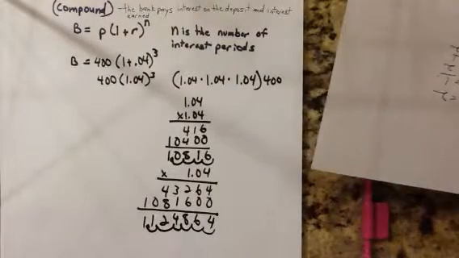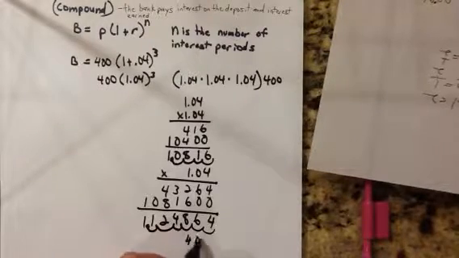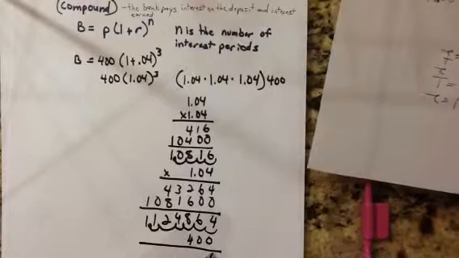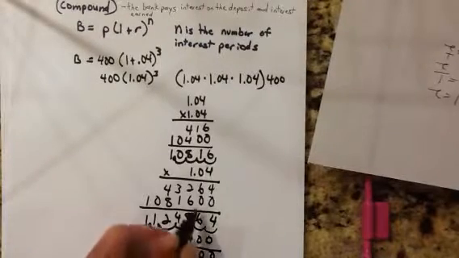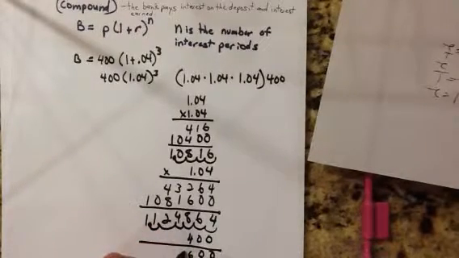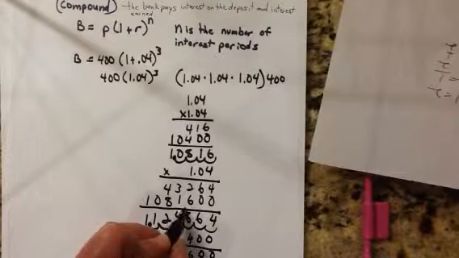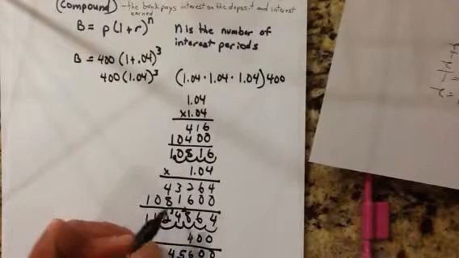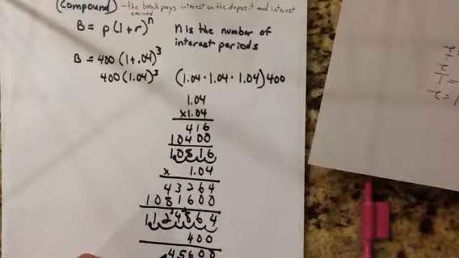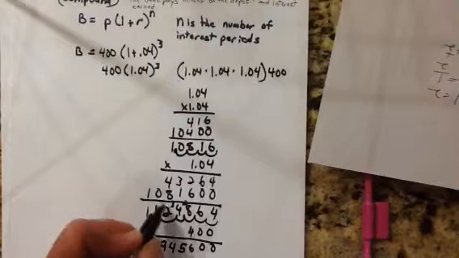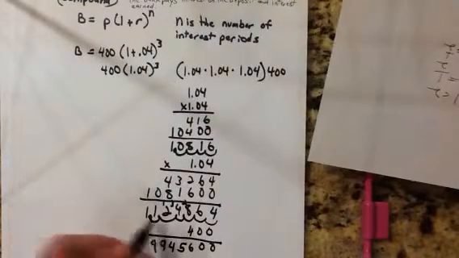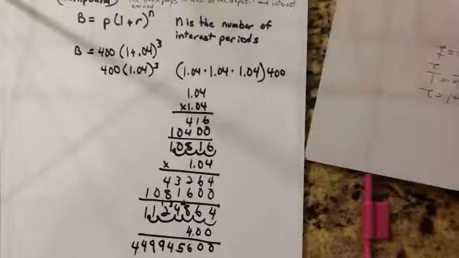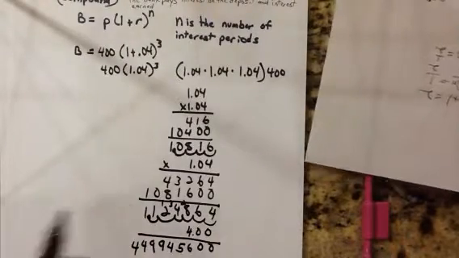Okay, then that big number gets multiplied by the 400. And so 6 times 4 is 24, and the 1 carried is 25. Carry the 2. 8 times 4 is 32. 34. 4 times 4 is 16. And 3 is 19. Okay, and hopefully that's a whole lot of numbers.